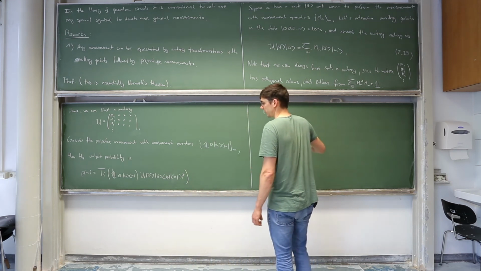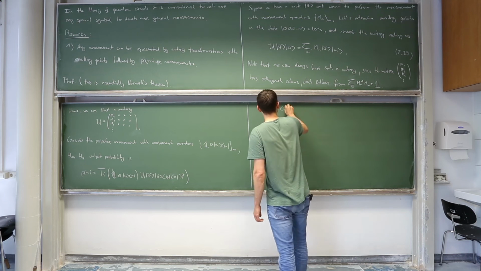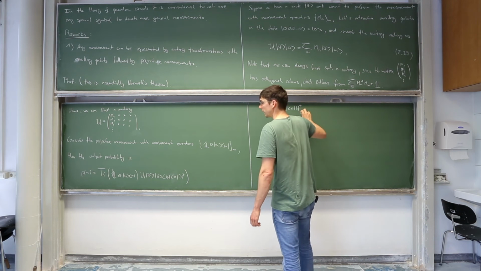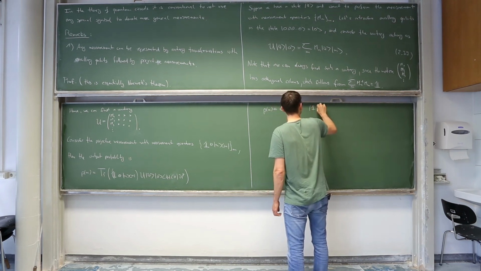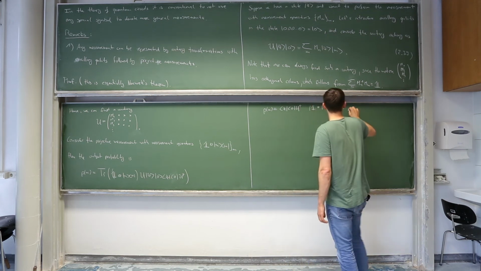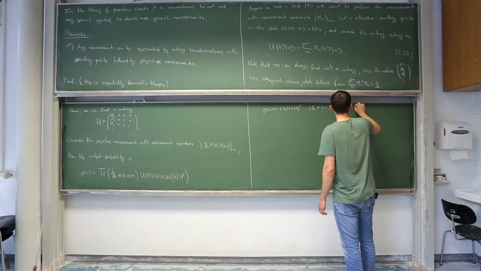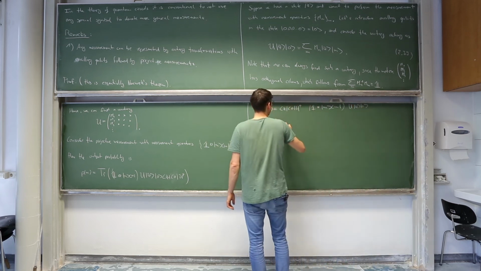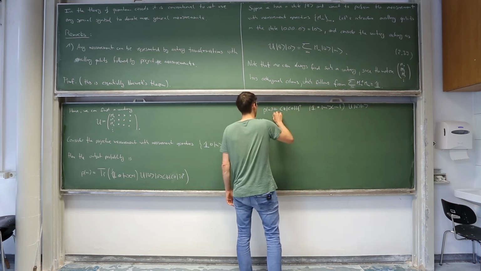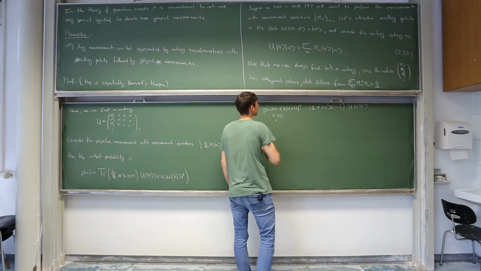So we have psi 0 U dagger, and then this projector 1 tensor M, then the state U psi 0. So now we plug in equation 239.